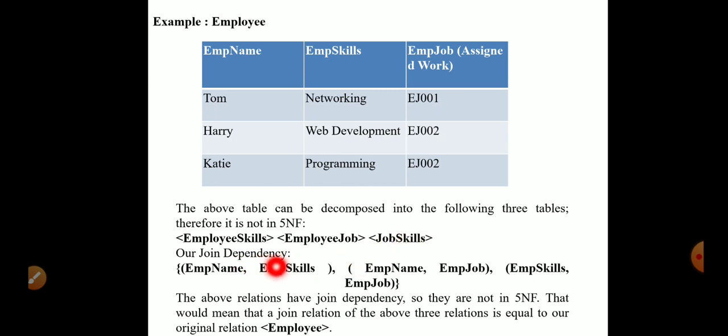So the join dependencies will be employee name and employee skills, employee name and employee job, employee skills and employee job. So the above relations have join dependency, so they are not in 5NF. That would mean that the join of the above 3 relations is equal to our original relation employee.